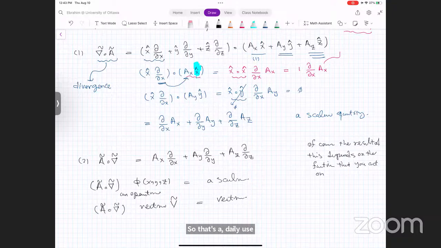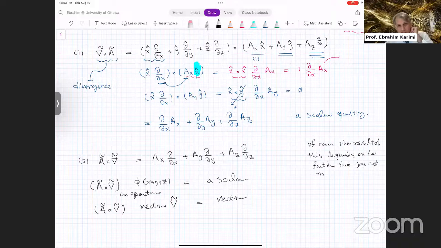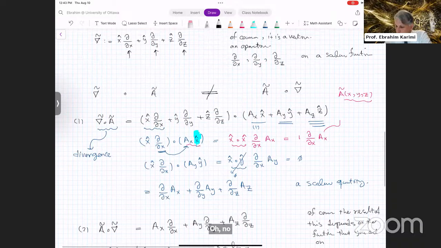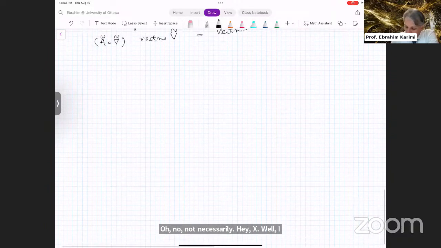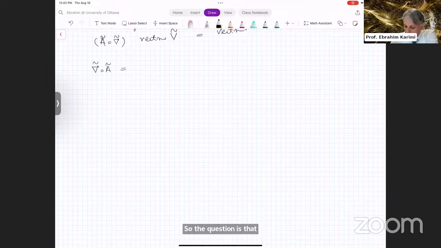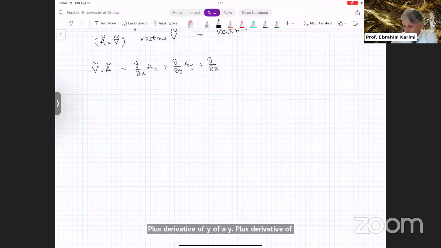Someone's asking, in divergence, aren't ax and so on scalars? Shouldn't it be 0? Oh, not necessarily. I will write it down here. The divergence of A is, as we discussed, the derivative with respect to x of ax plus the derivative with respect to y of ay plus the derivative with respect to z of az.